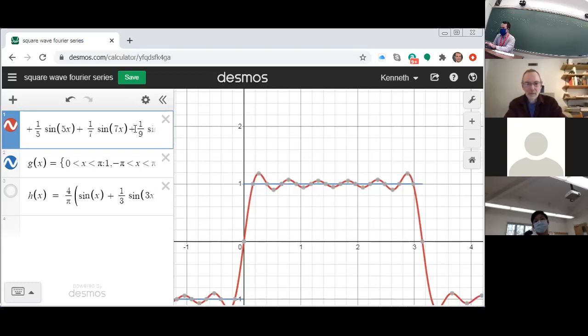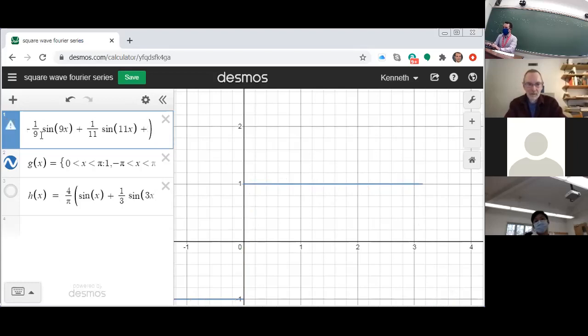Well, let's see. Let's investigate a few more terms. But I see what you mean, because when x is positive and small, yeah, there is the Gibbs phenomenon, but for x being positive and small.